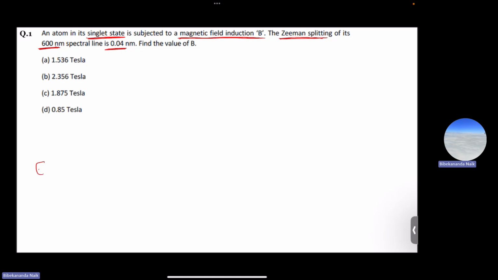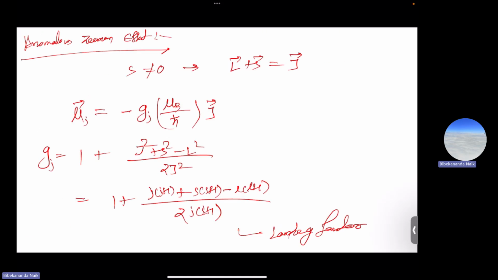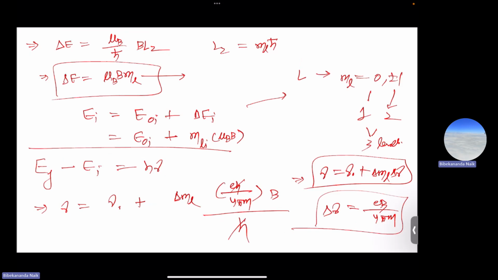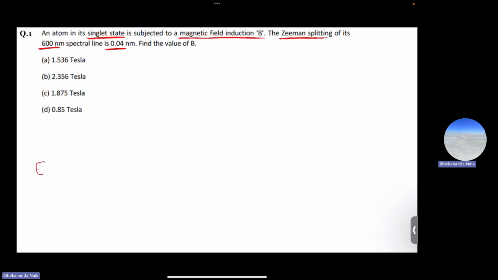So if you see, in the discussion we made, we found that delta nu was eB by 4 pi m, and we know nu is equal to c by lambda.